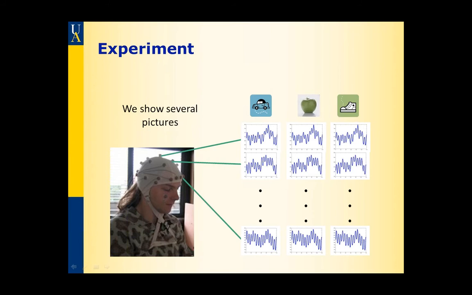But actually we show many different pictures, from different cars, different shoes, from fruits, and the idea is to see from the signals which picture or what kind of object this person is looking at.